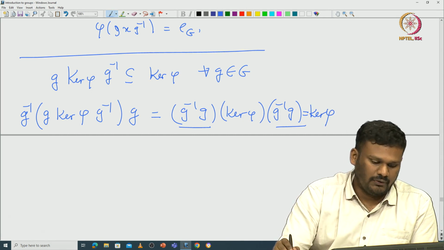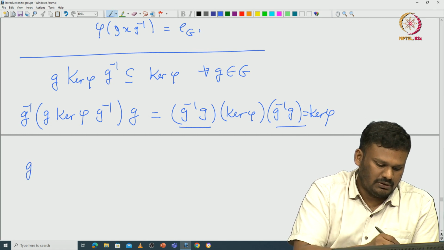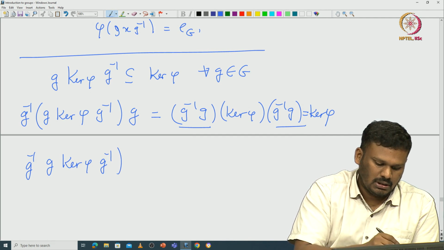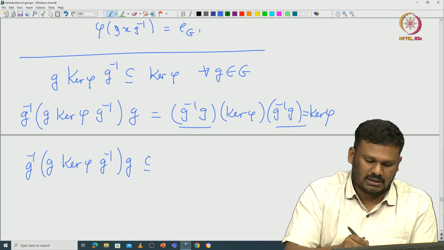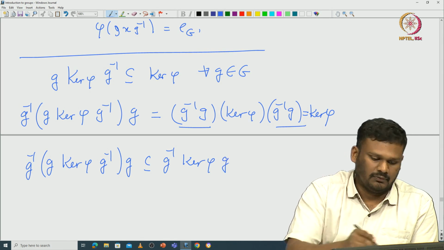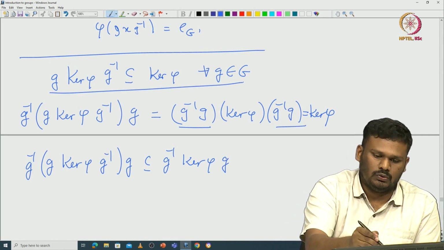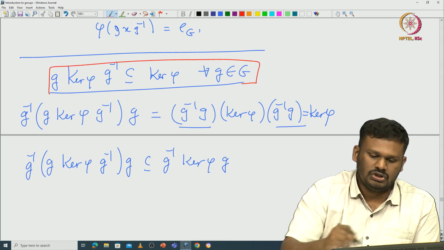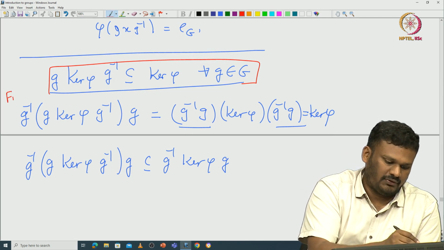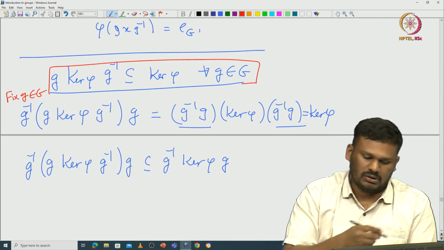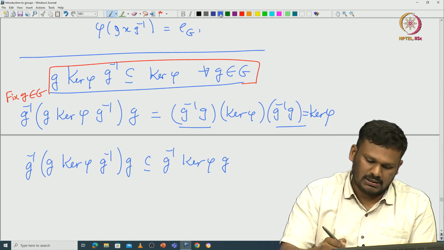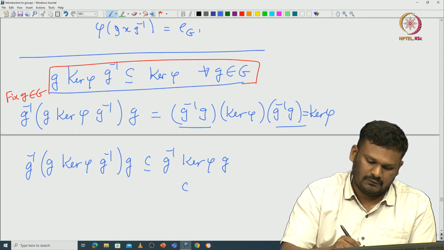So, now if you think about it, this g inverse g kernel phi g inverse g is going to be a subset of g inverse kernel phi g, because this is true for all g in G. In particular we have it for this fixed g. So, fix g in G. Then we have this, and this is again a subset of kernel phi.